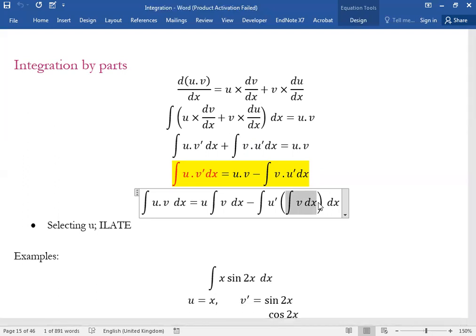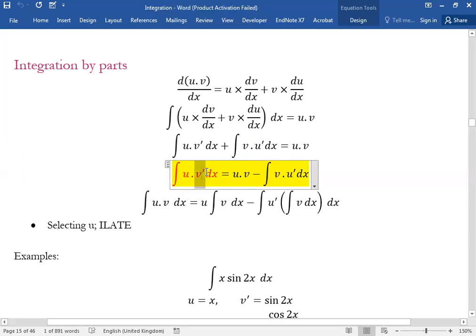आप टेक्निकली काम कर क्या रहे हैं इंटीग्रेशन बाय पार्ट्स में? आपने एक फंक्शन u बना लिया and another function is v और v dash. Now in the integration process you are only using u as u और its derivative. आप u को खुद यूज कर रहे हैं या उसका डेरिवेटिव यूज कर रहे हैं.